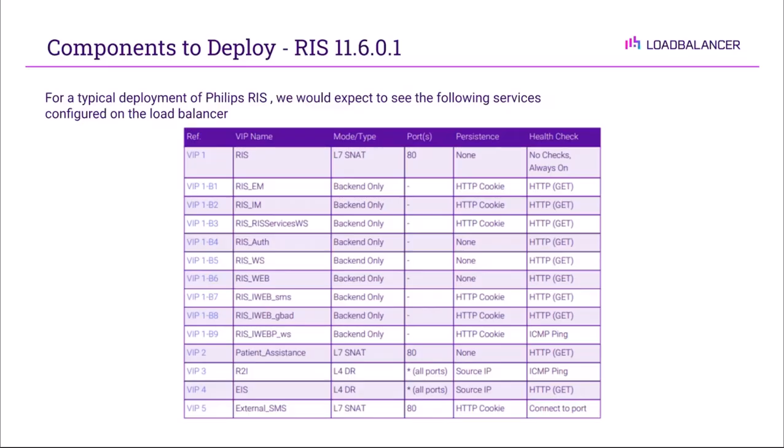Then we also show the methods of persistence that are being used, which mostly are the HTTP cookies. For layer 4, the source IP is the only possibility, and then as you can see, there are the types of health checks that are being used in that, which we'll also touch on later on.